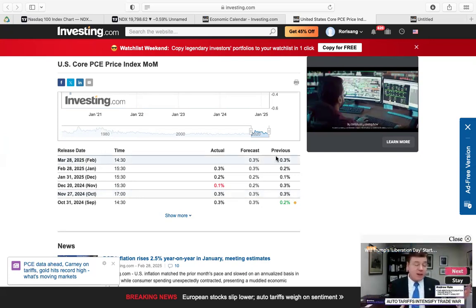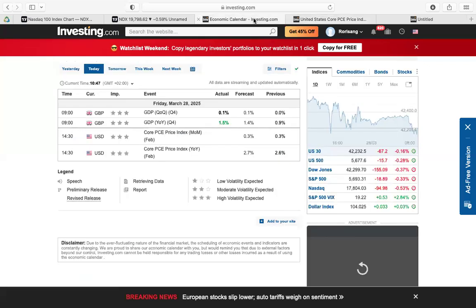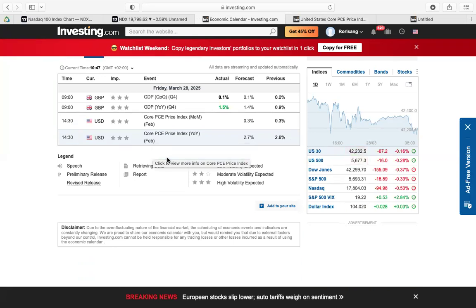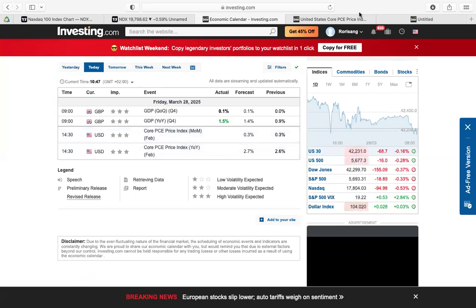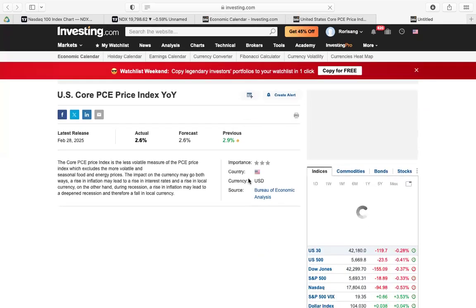Let's check another event. This event will take place at 2:30 today. Let's look at the core PCE price index, year to year. It says a core price index is a less volatile measure for the price index, which excludes the most volatile and seasonal food and energy prices.